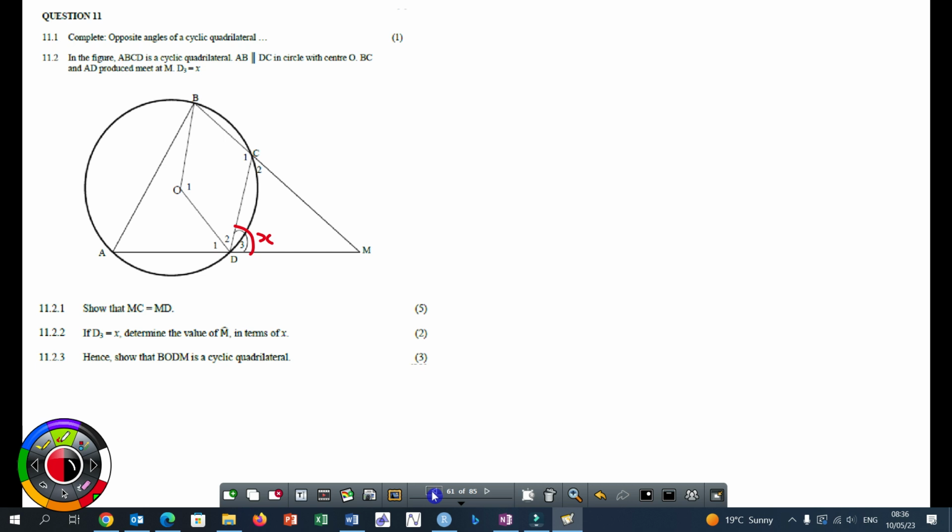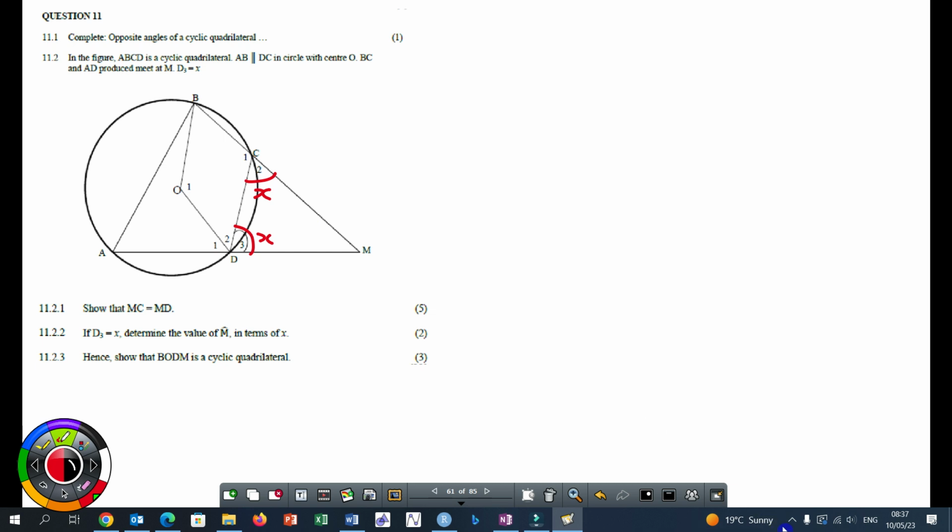But if you didn't prove that D3 is equal to C2, you have problems with 11.2.2. Because those two questions have a connection. So this angle is X. We have proved that already. So you add it on your diagram. That's why I said we have to provide you with a diagram sheet, where you write your stuff in there.